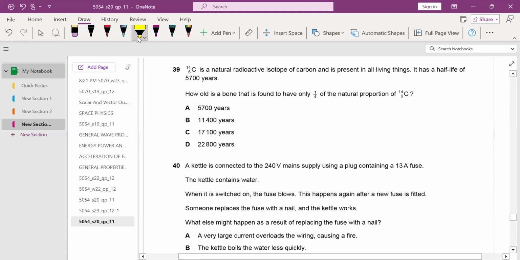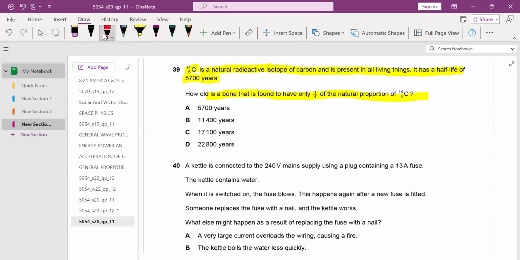Carbon-14 is a natural radioactive isotope of carbon present in all living things. It has a half-life of 5700 years. How old is a bone that is found to have only 1 upon 4 of the natural proportion of this carbon?